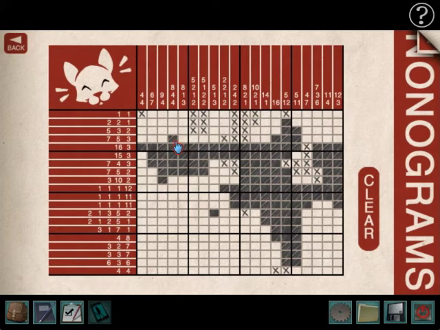I mean, that absolutely has to be filled in. Well, actually, we can make some inferences about the 7, 5, and 3 here as well, because 7 has to fit within these bounds, which means that all of these can be filled in. 5... Well, actually, 5 and 3 have to fit in here. There's no other way. Okay, so that definitely helps some stuff out.